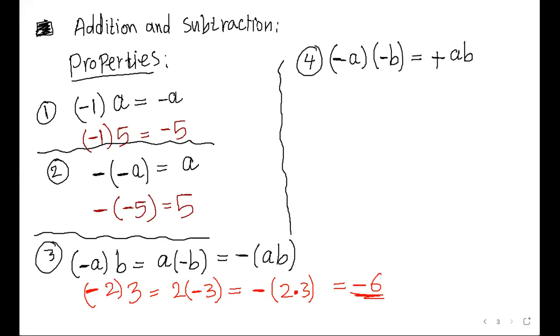I give you an example. Suppose I have, for example, minus 2 times minus 3. This is exactly like positive 2 times 3, and this is equal to 6.